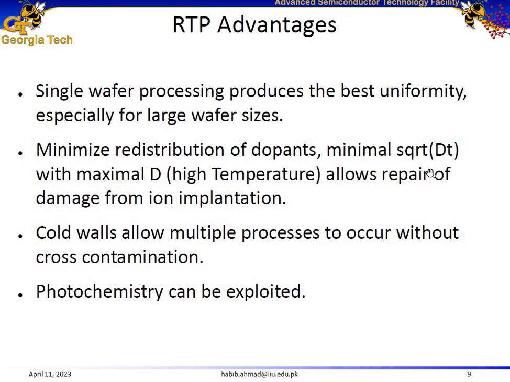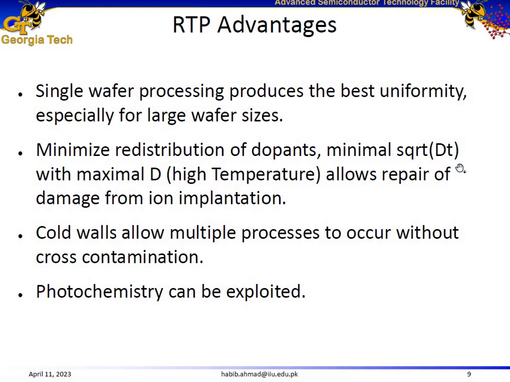As we already know, rapid thermal processing is performed at high temperatures, which means that the diffusion coefficient would be higher. But we also know that we perform rapid thermal processing for a short amount of time.